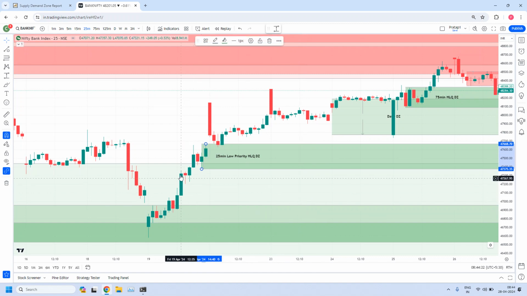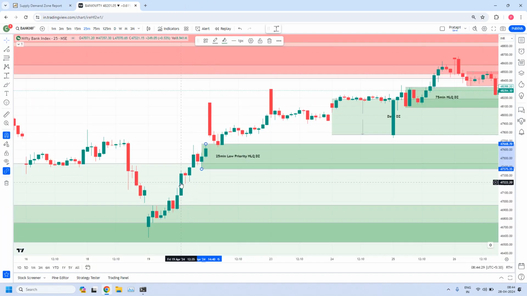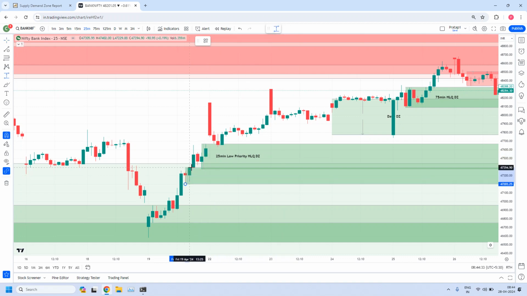And we have one more rally, base rally, 19.4, 12.35. Yeah, both are low priority zones. So here we have a real order flow.